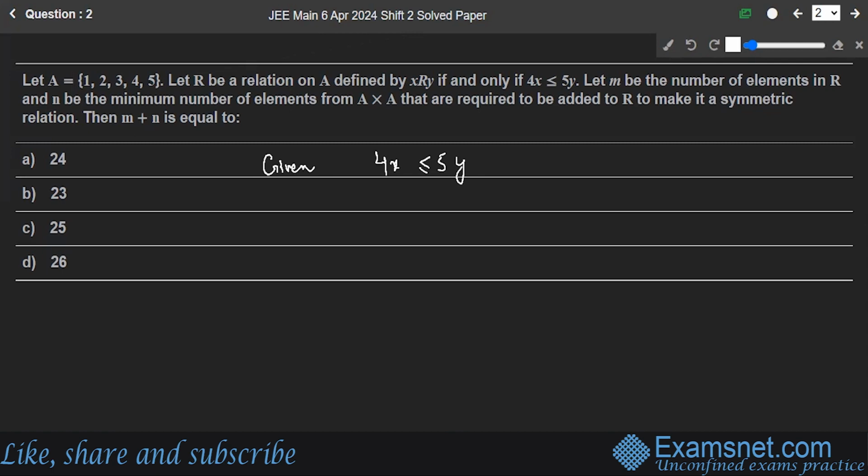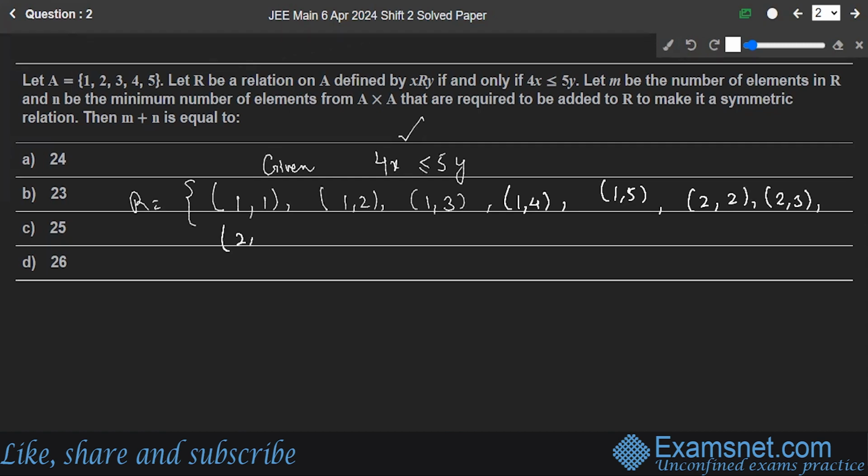According to that, what will be the set of elements of this R? This will be given by first 1 comma 1, which is satisfying this. Then 1 comma 2 also satisfies this, 1 comma 4, 5, 2 comma 2, 3 and 4, 5, 3, 3, 4, 4, 4, 5 and 5, 4.